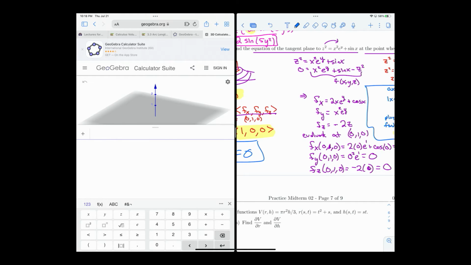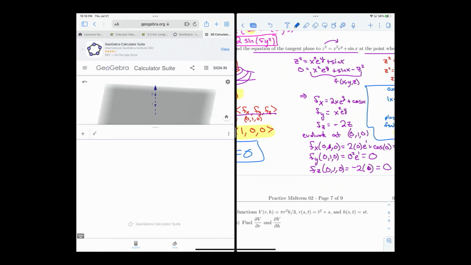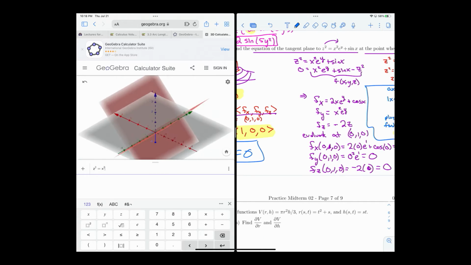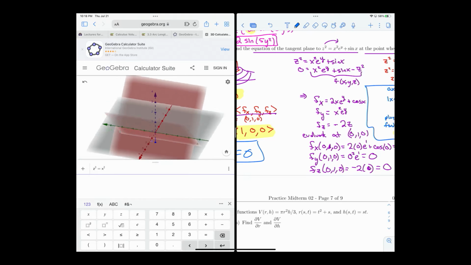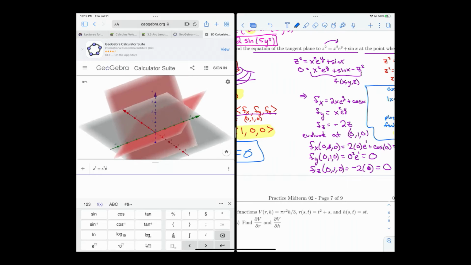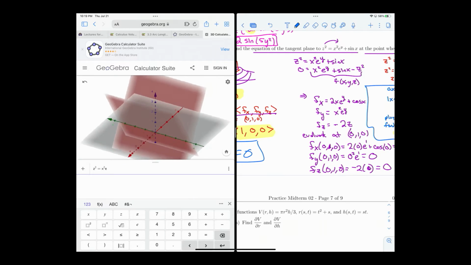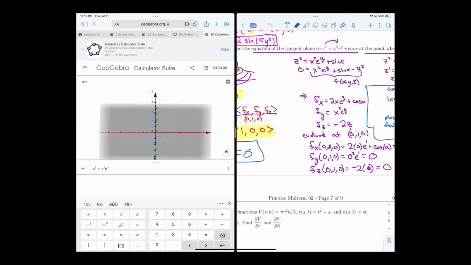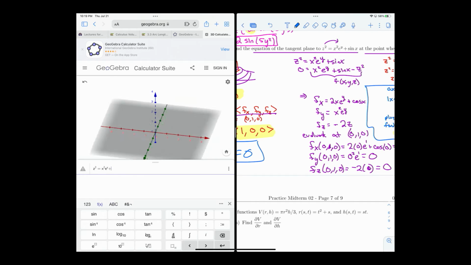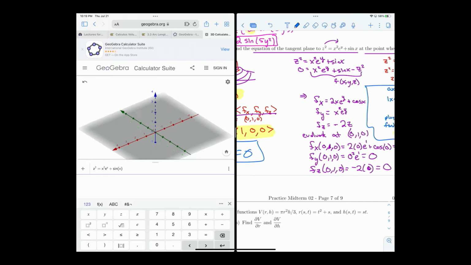We have z squared equals x squared e to the y. I'm going to need a function. E to the y plus sine x.